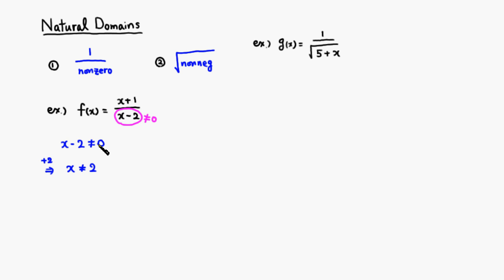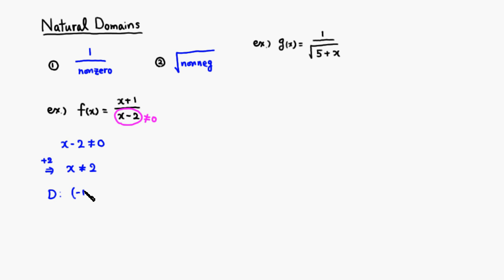So the natural domain is going to be all real numbers except for 2, because x cannot be equal to 2. Or in interval notation, the domain is going to be: we have to eliminate 2, but everything else should be included.